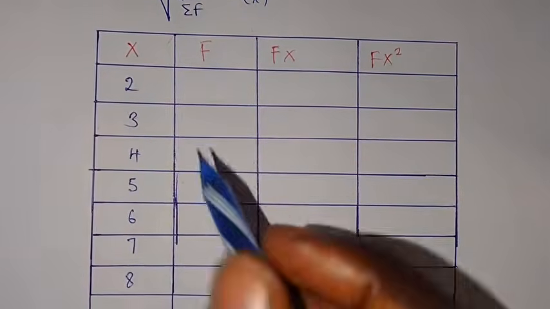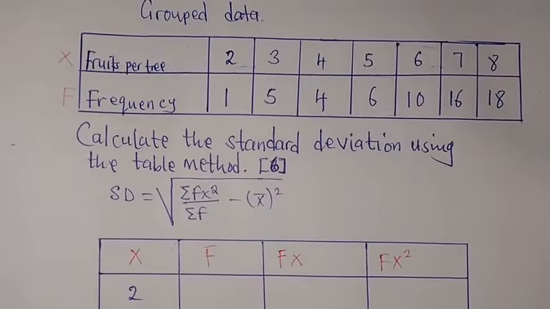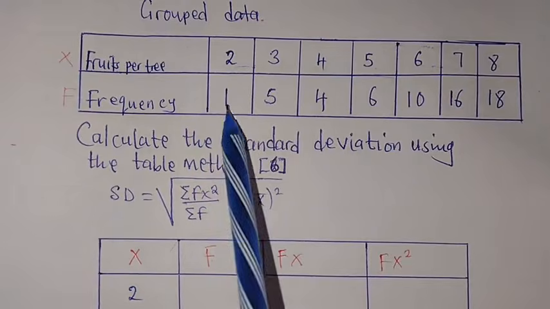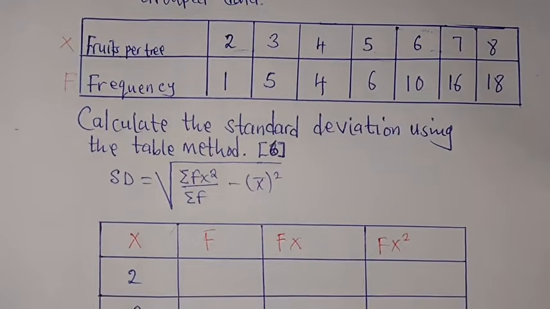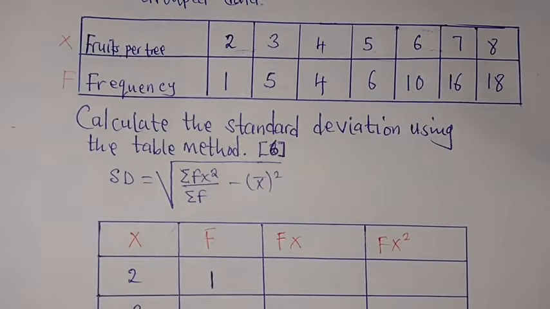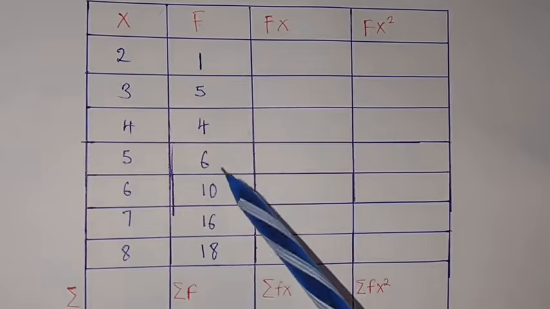Then for f we have the values, you can see right here, which are 1, 5, 4, 6, just like that. So I'm going to write these values. Right, so we are done writing the values for f right here.